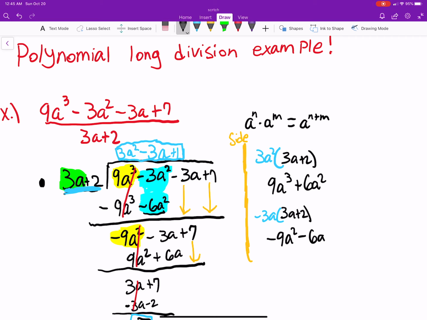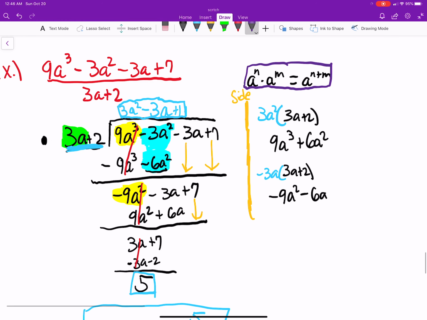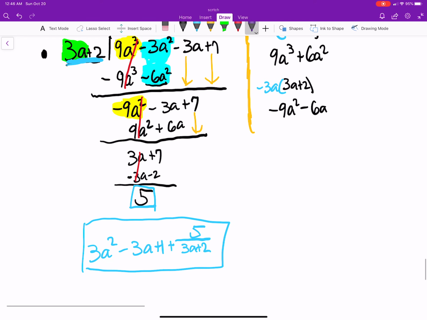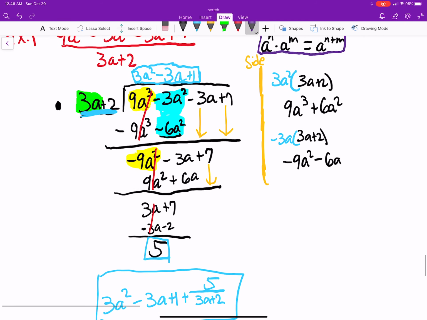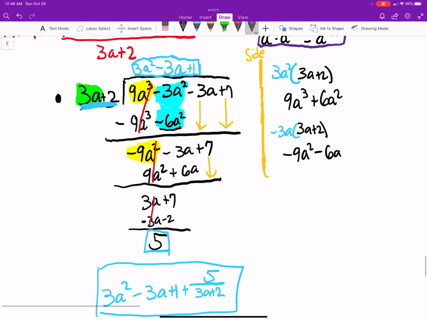So you also have to keep in mind our exponent rules, which I'll box here. And then you just keep going and going until you can't go any further, until you have a remainder. And then the way we express our answer is just the top, right here, this box little thing, plus our remainder divided by whatever it is we were dividing by. In this case, it was 3a plus 2.